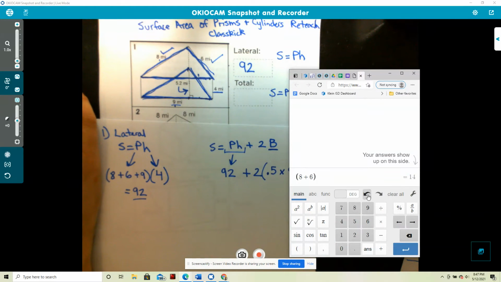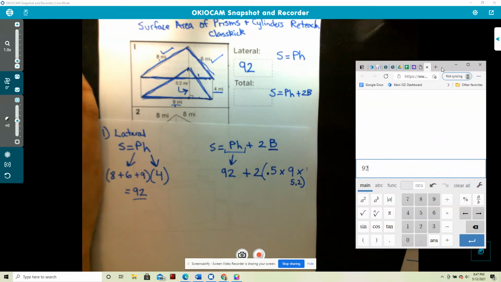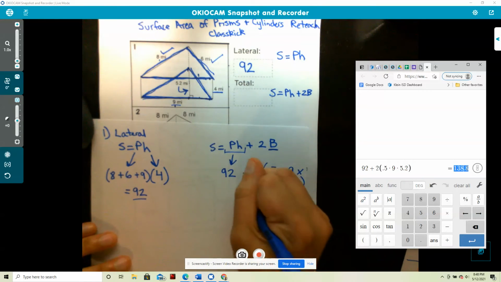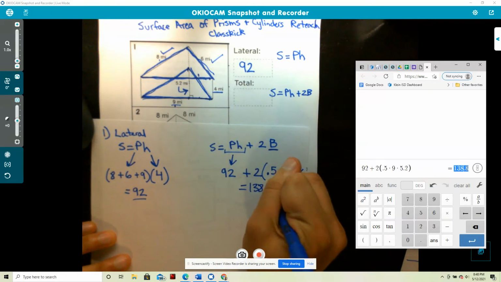All right, so we have 92. So right here, 92 plus 2, open parentheses, 0.5 times 9 times 5.2. Close parentheses. We get 138.8.